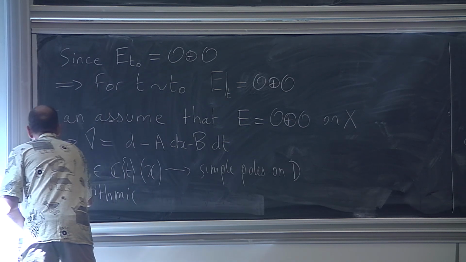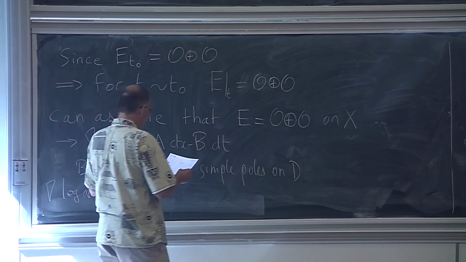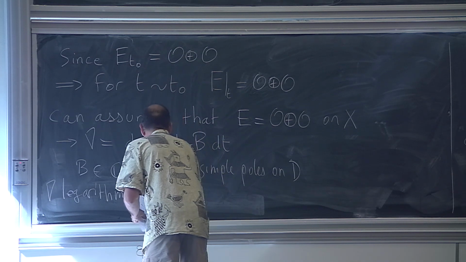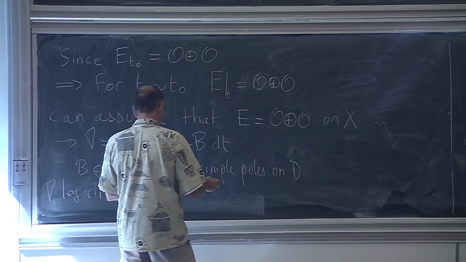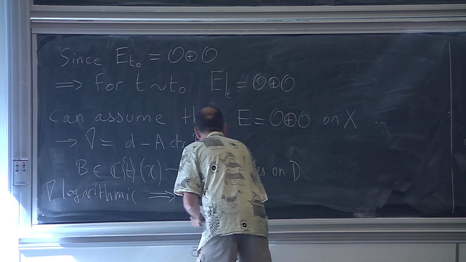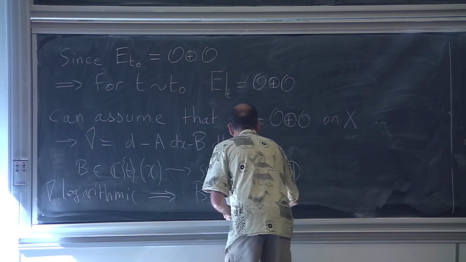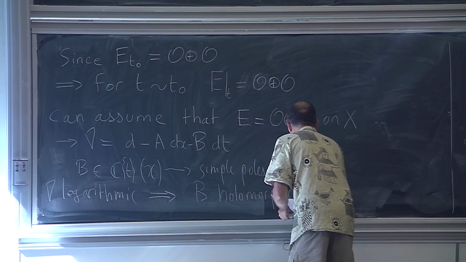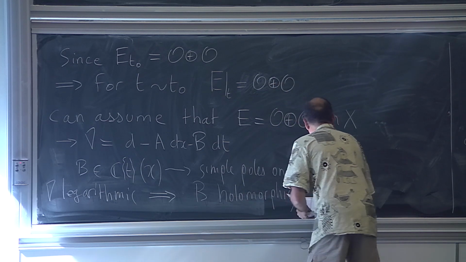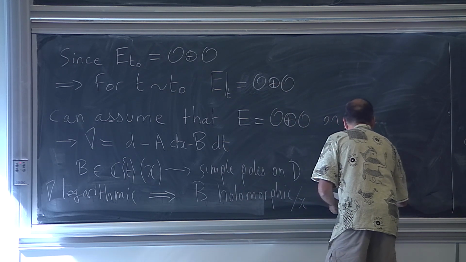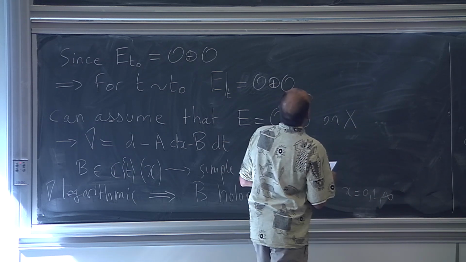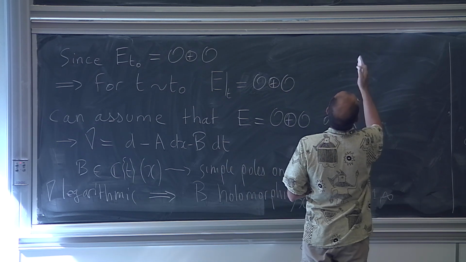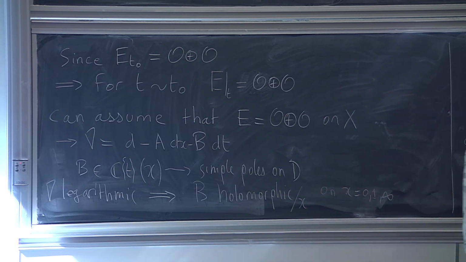So the nabla logarithmic implies that you can check that B is actually holomorphic with respect to X also on X equals 0, 1, and infinity. So for the fixed poles, it is holomorphic. This comes from the logarithmic property.